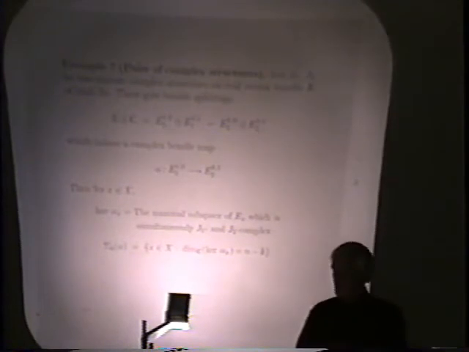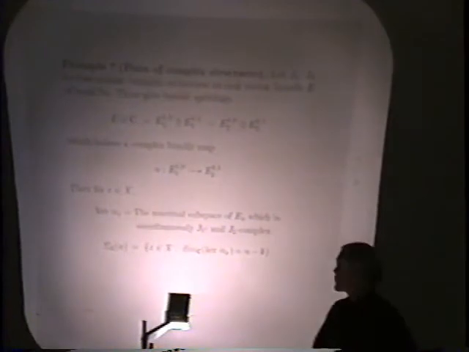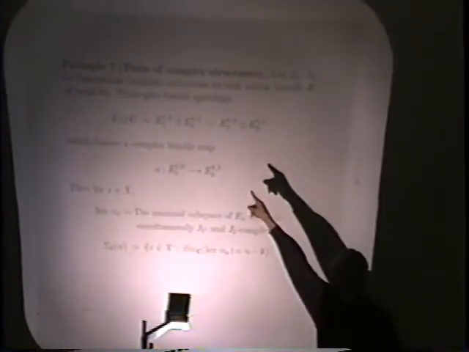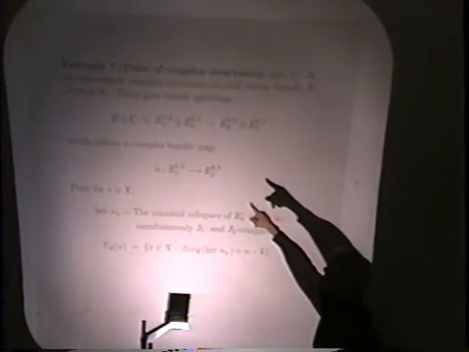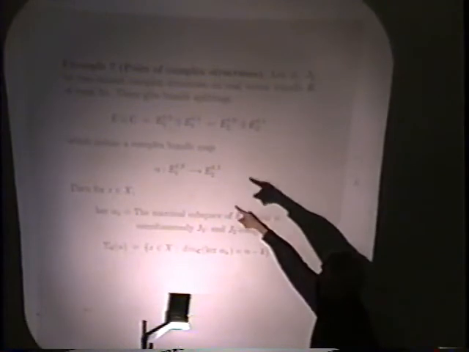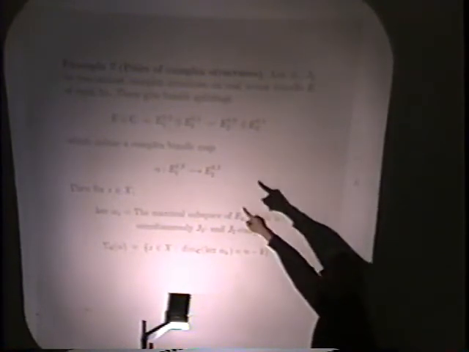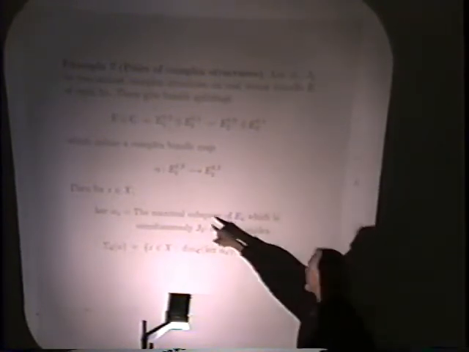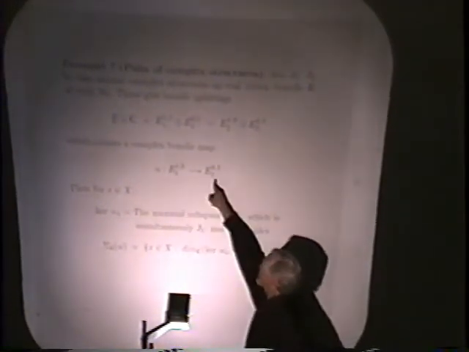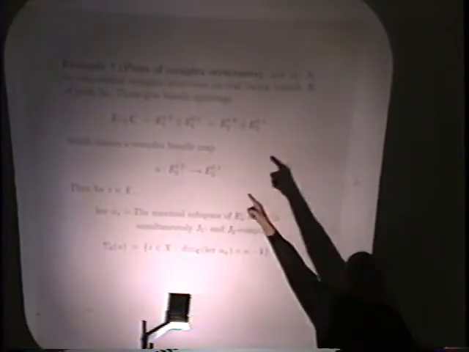Then you automatically get a mapping, because a complex structure gives you a splitting of the complexification of E into the plus i and minus i eigenspaces at each point. Right? So the first complex structure gives us a splitting of complexified E, and so does the second. So by including E10 into the complexification and then projecting onto E2, we get a complex bundle map.